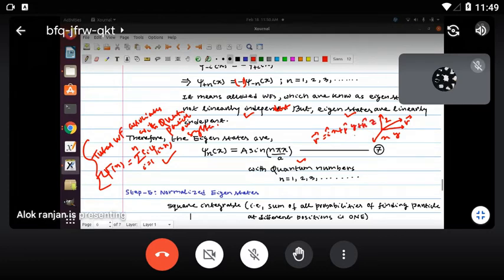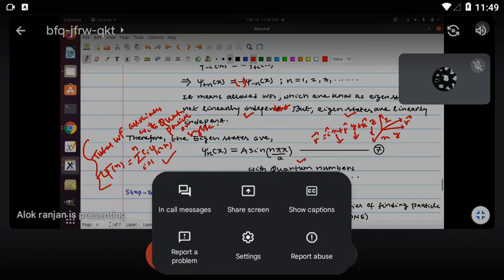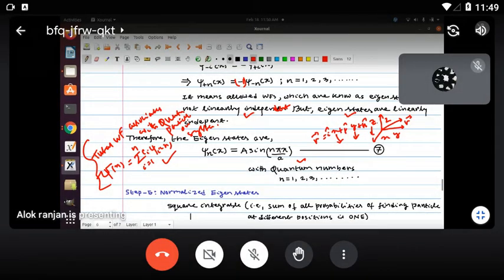But x, y, z are independent because you cannot convert x in terms of y and y in terms of x. That means the projection of this vector r will have components along x, y, z, but the x component will have nothing on y and z. So they are called orthogonal and they are linearly independent. They do not depend on each other.